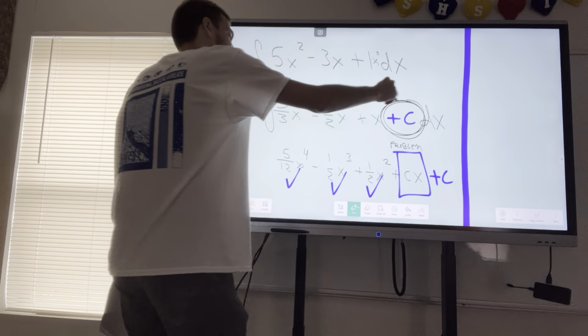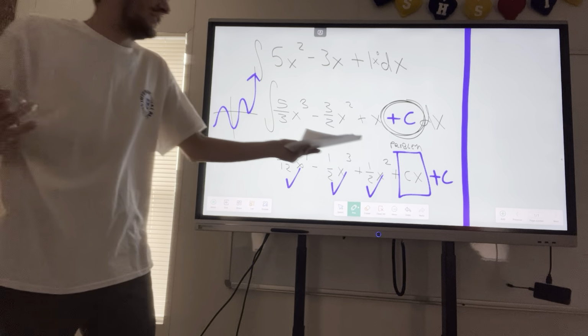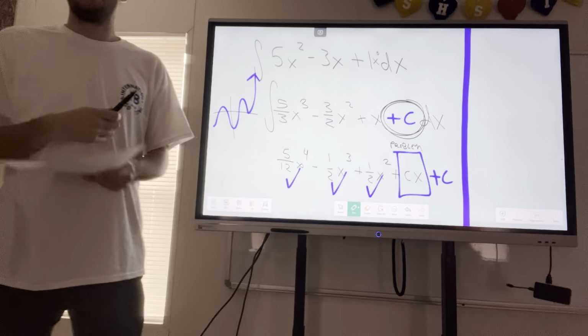This level of uncertainty is maybe acceptable, but this level of uncertainty is just blowing up the whole question, right? Because if C is 100 versus C is -100, now we're talking drastically different functions.